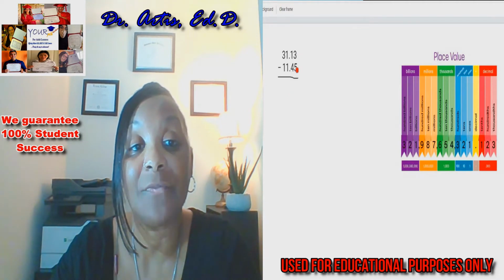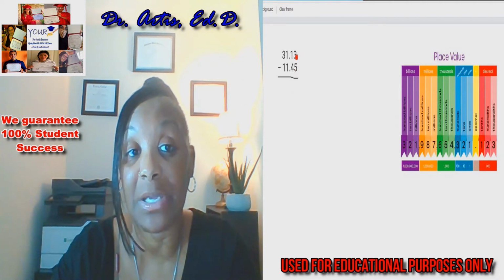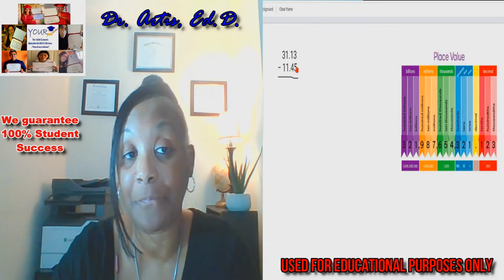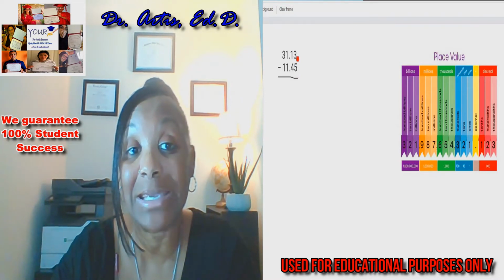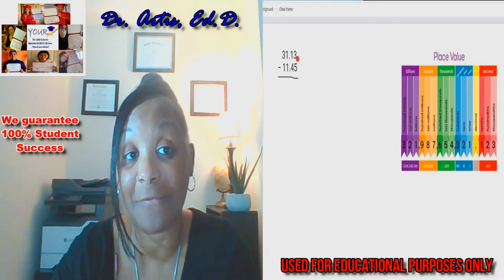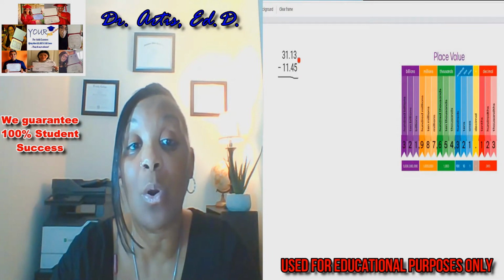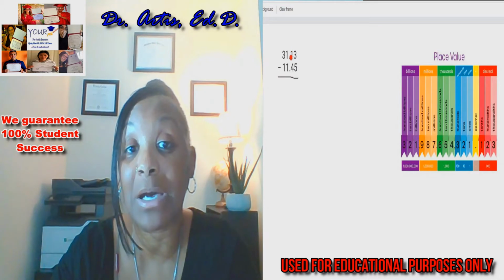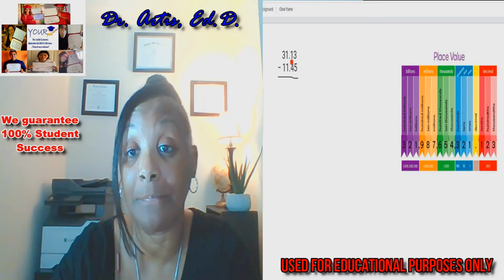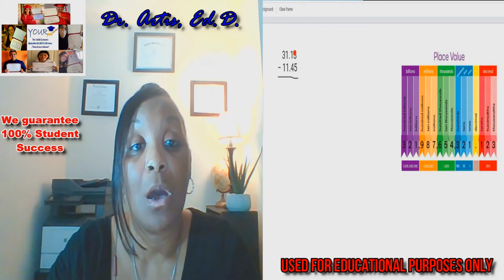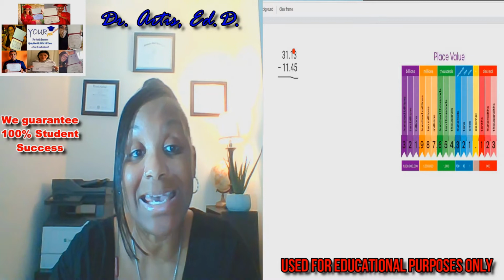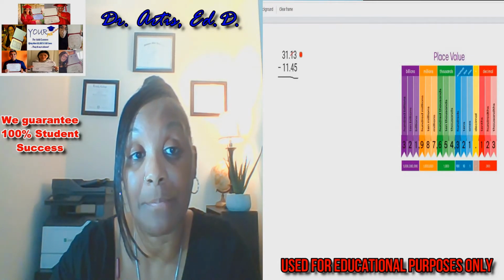So here we have 5 subtracted from 3. So we have 3 take away 5. Well, we know that we cannot take 5 from 3 because 3 is a smaller number than 5. So in this case, we will borrow from the tens column, which is this column right here. We're going to take a 10 from the tens column, all right?